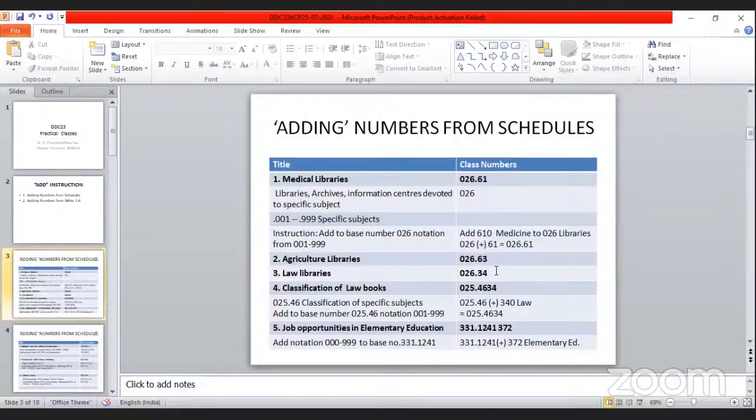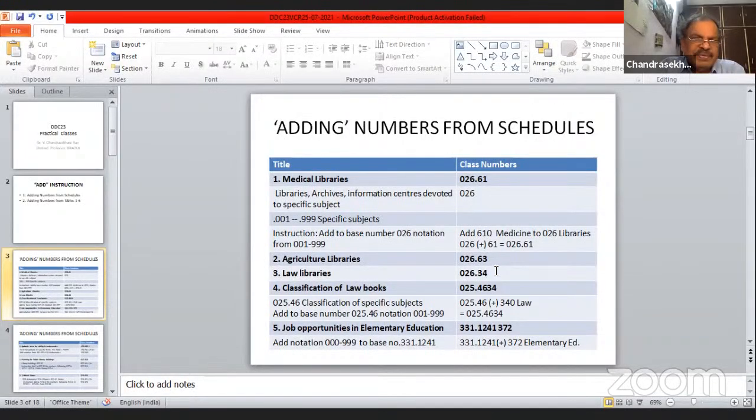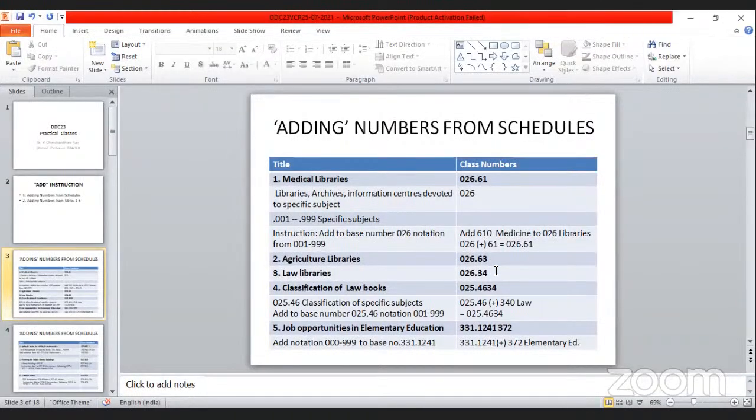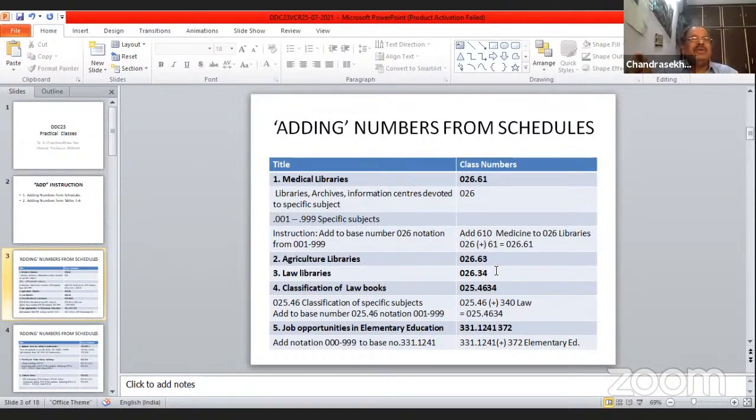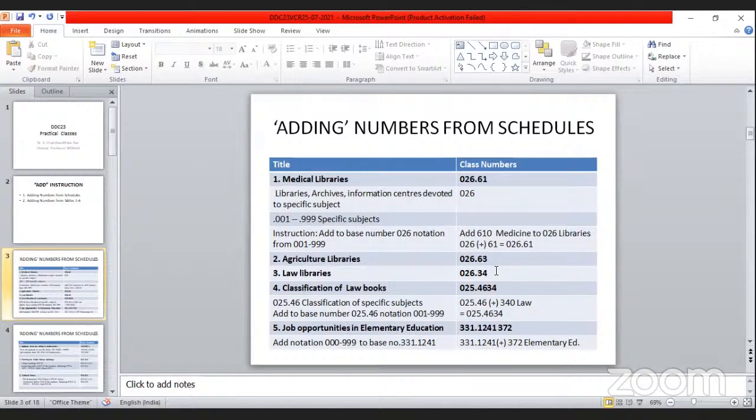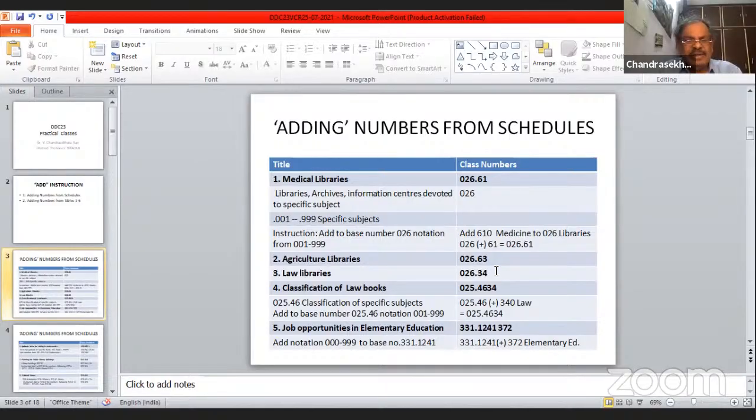Okay, only 6. Now classification of chemical engineering books: 025.4666. 660 is chemical engineering.